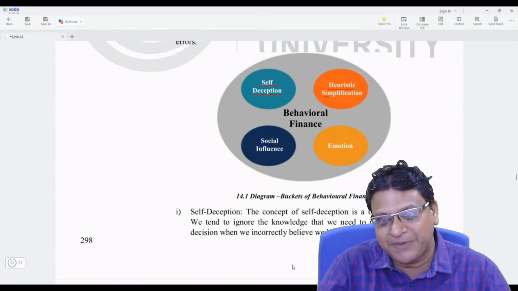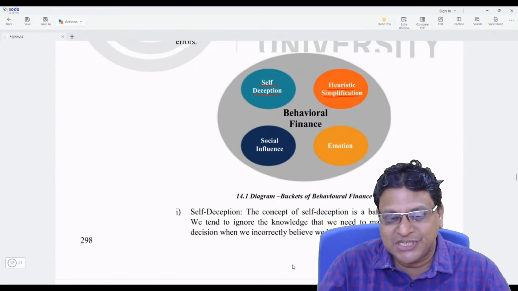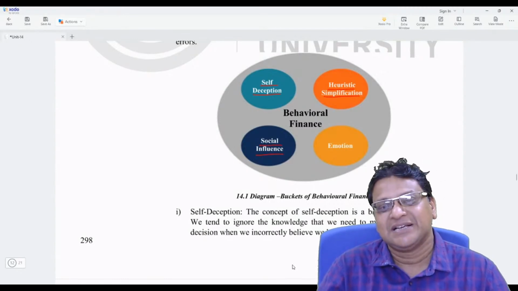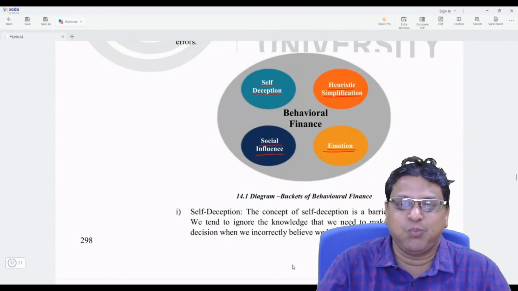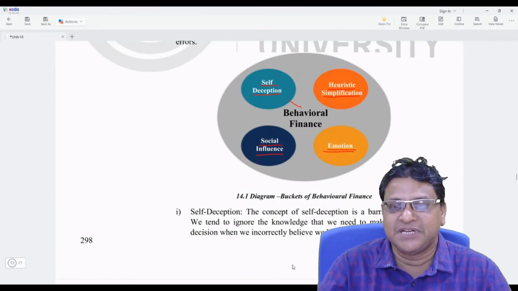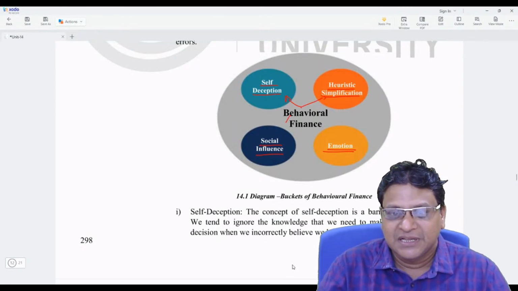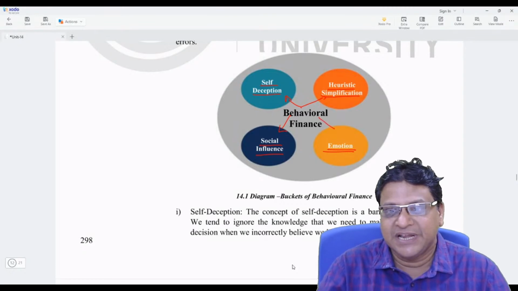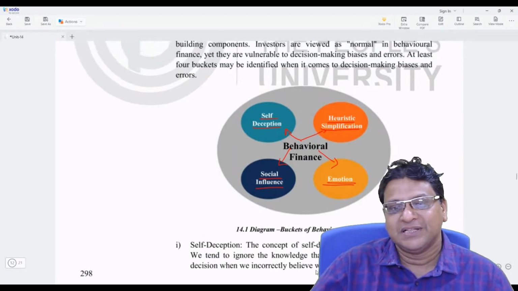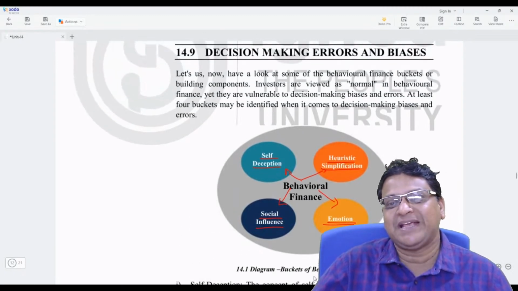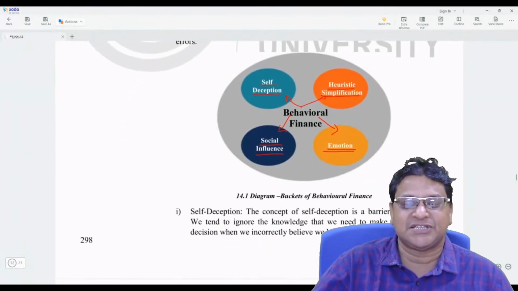Next, heuristic simplification, then social influence, and then emotion. So there are four biases: self-deception, heuristic simplification, social influence, and emotions. We'll study them one after one. These are certain decision making errors and biases of investment decision making.